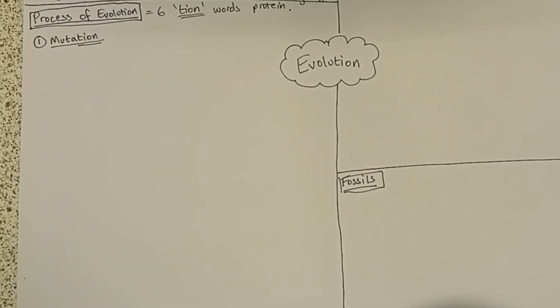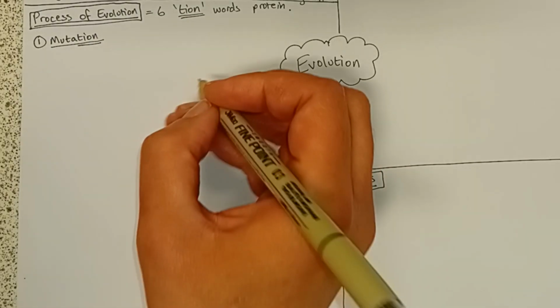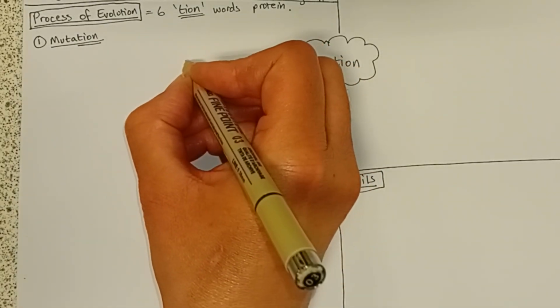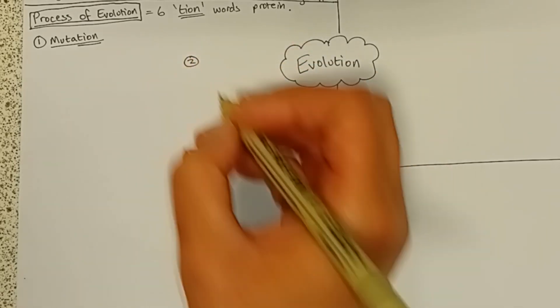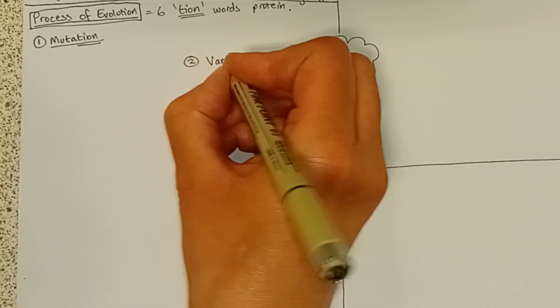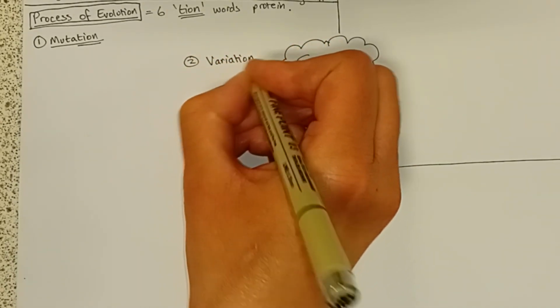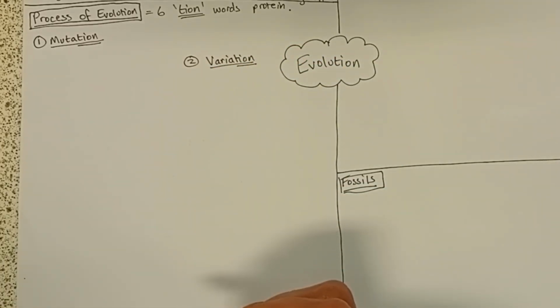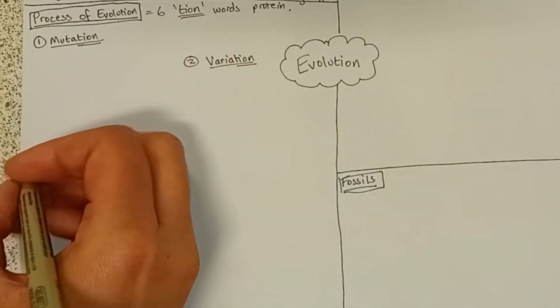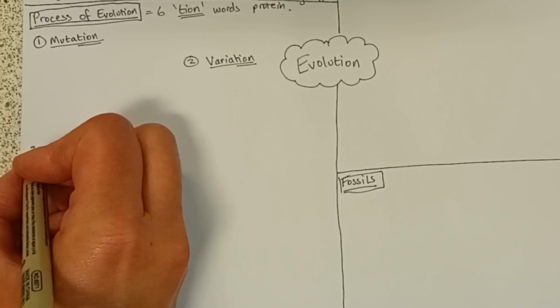The next is variation. The third is competition.